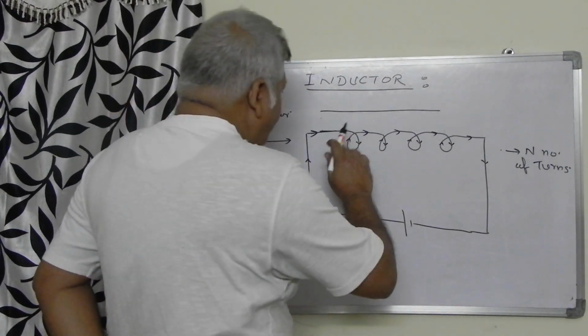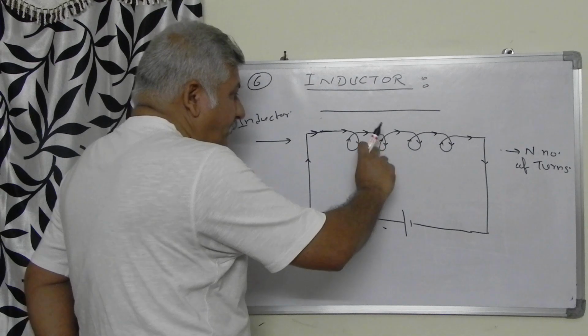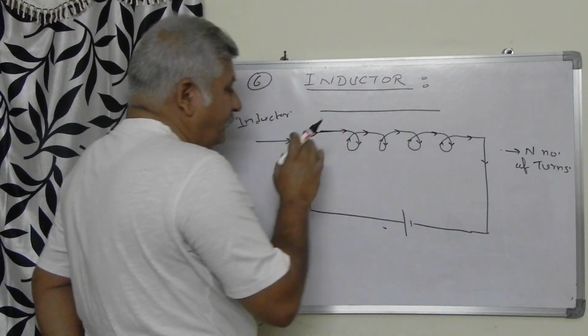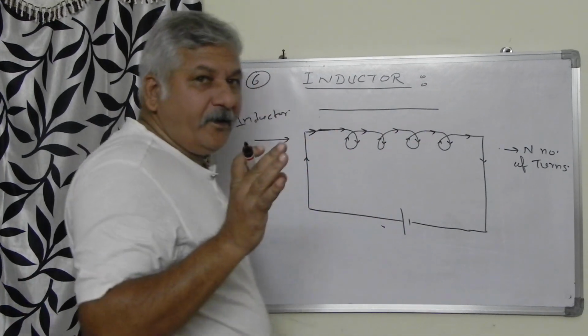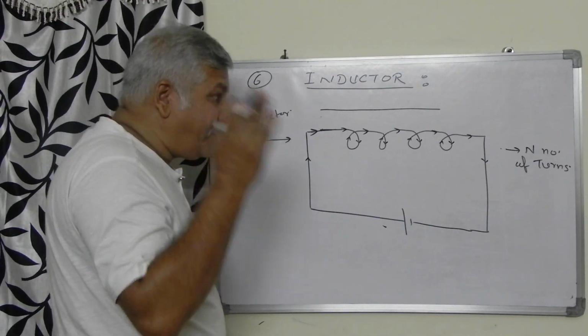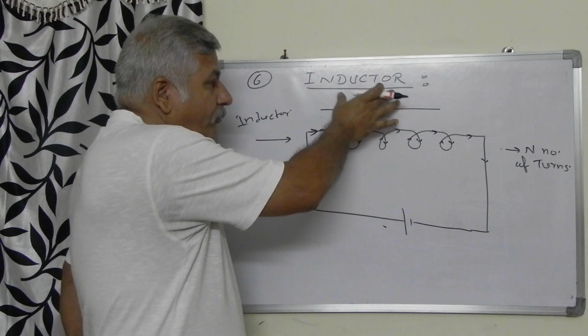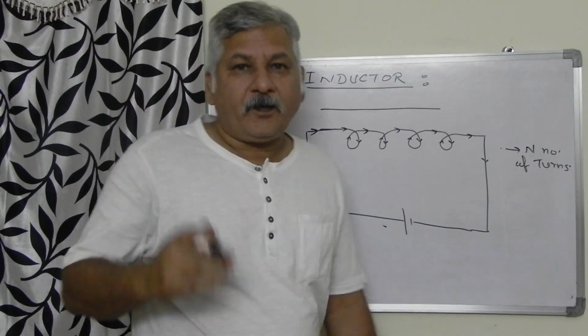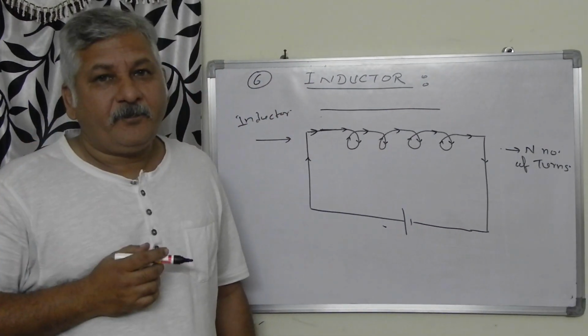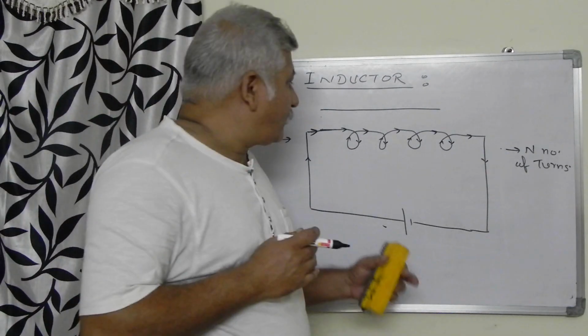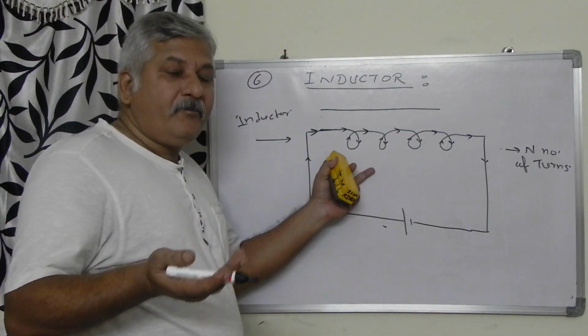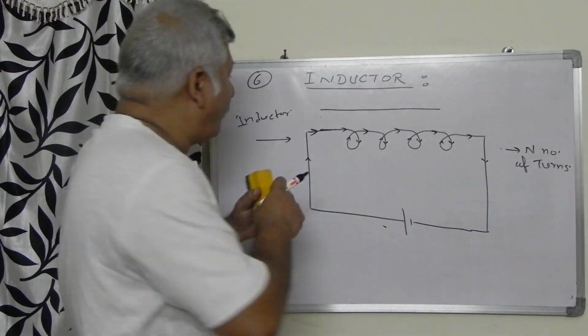Now, due to these turns, the magnetic field or magnetic energy will be stored in the inductor, right? So basically, an inductor stores magnetic energy. So energy is stored in the inductor in the form of a magnetic field, right?